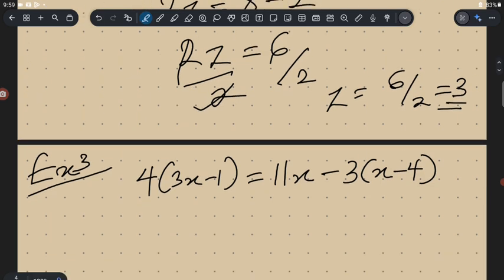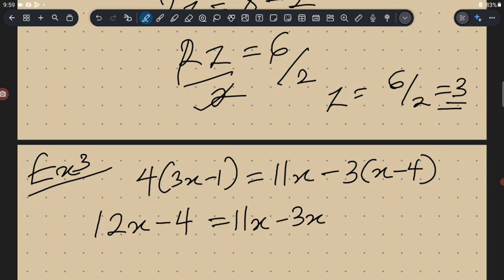So therefore, we have, let's expand the bracket first to have 12x minus 4 is equal to 11x. Now minus 3x plus, because minus 3 times minus 4 gives you plus 12.